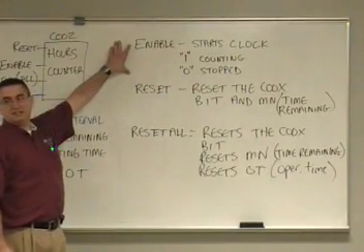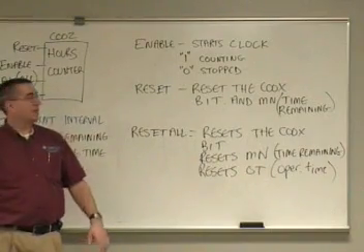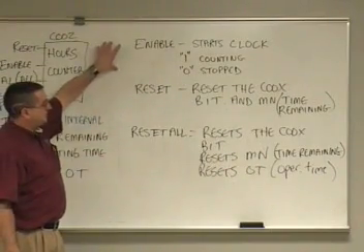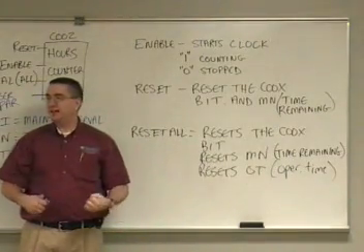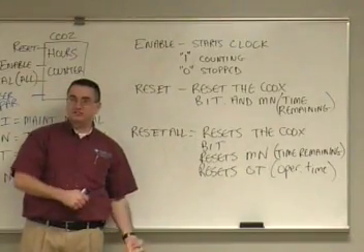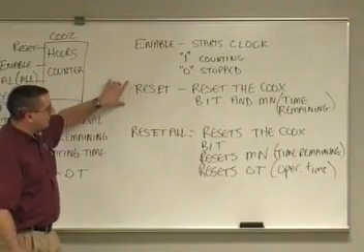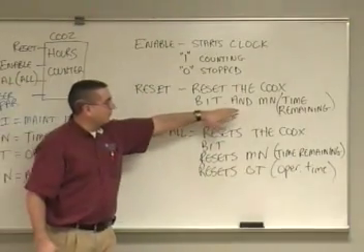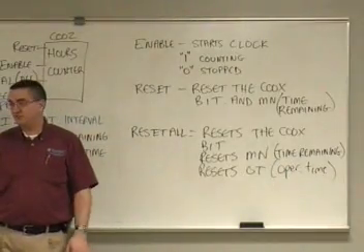So the enable is easy. When the enable is high, I'm counting hours. When MN gets all the way down to 0, that's when this bit is going to energize. So by hitting the reset bit, I reset the amount of time remaining back to whatever my maintenance interval was.